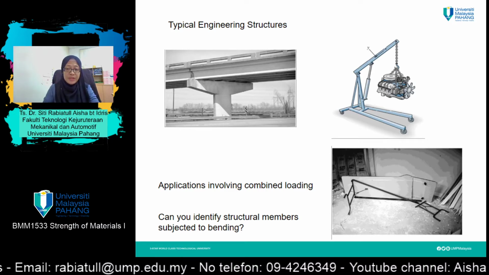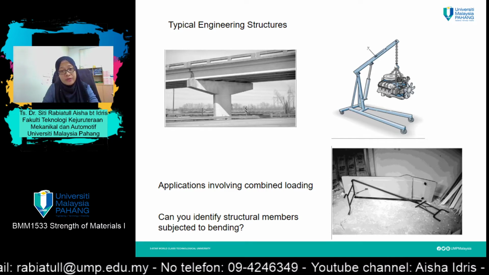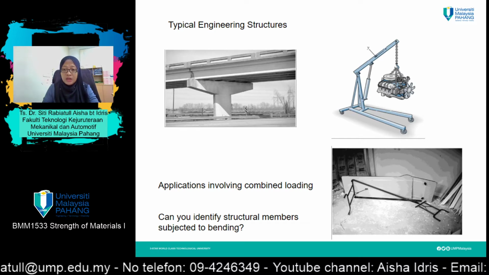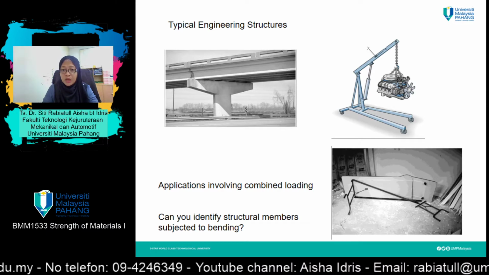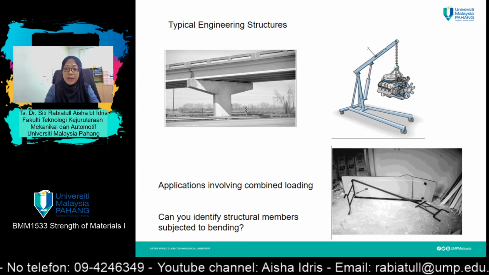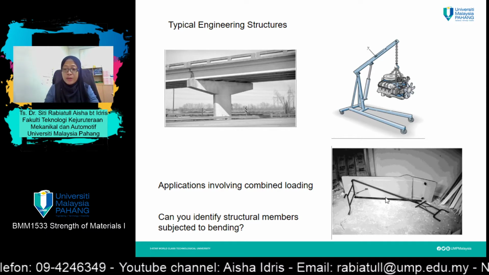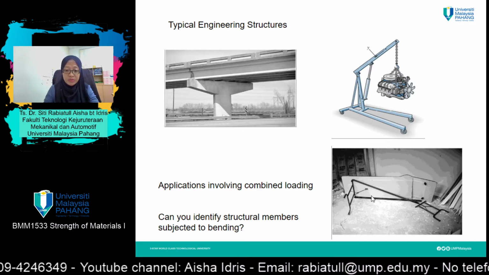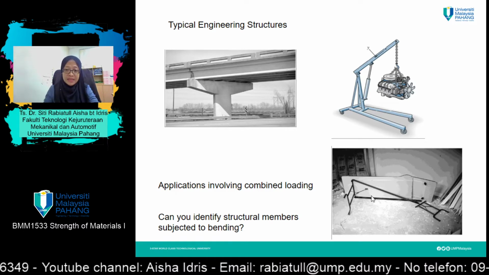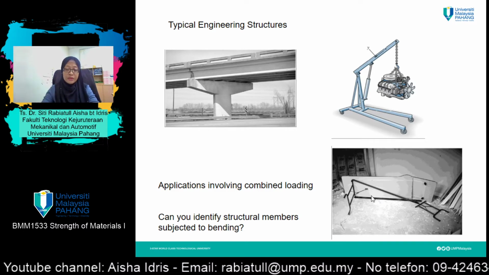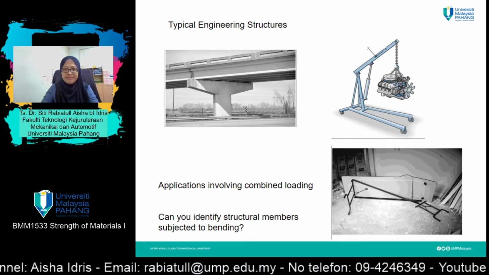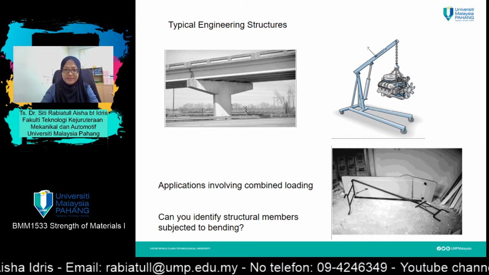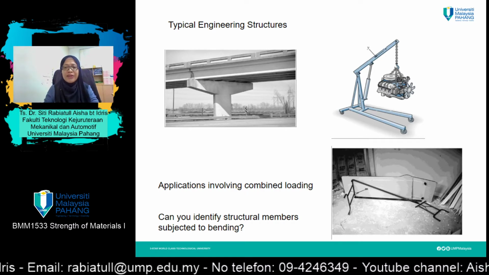These are the typical engineering structures which you may find out there, which include, for example, the bridge, tables, and so on and so forth. From these examples, can you identify the structural members subjected to bending? Yes, okay, you are right.